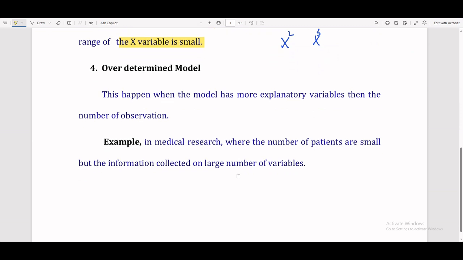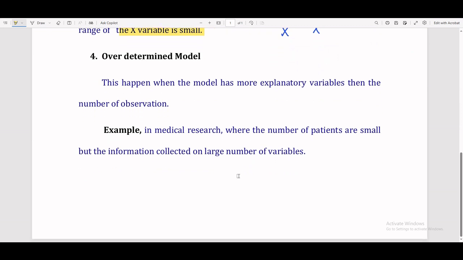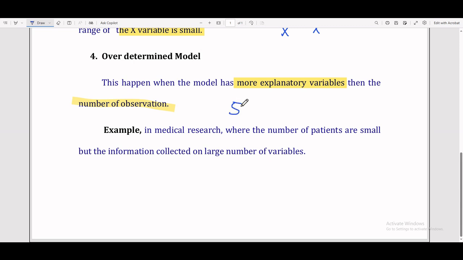Number 4. Overdetermined model. This happens when the model has more explanatory variables, meaning a number of independent variables, than the number of observations. Number of observations is small. Suppose that you have 5 observations and your variables to be studied are 6 or 7.